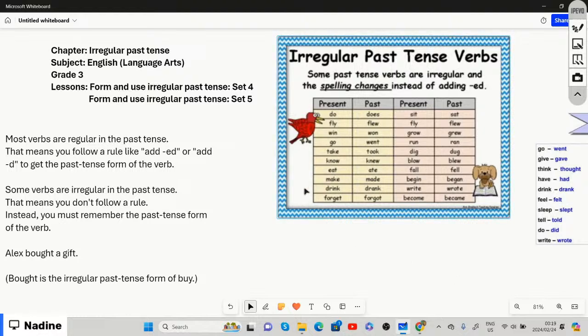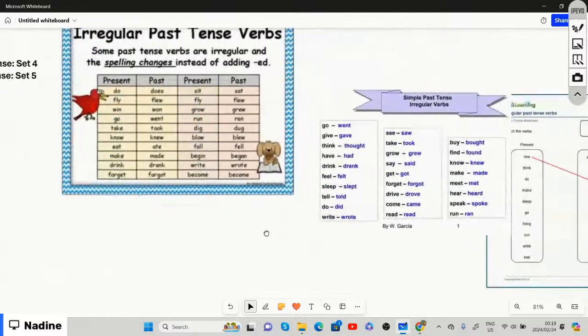And then we have, for example, know and knew. I make something now, in the past, I made something. Then we have grow and grew, blow and blew. I dig something now, I dug something. Write and wrote. So that is an example of irregular past tense.